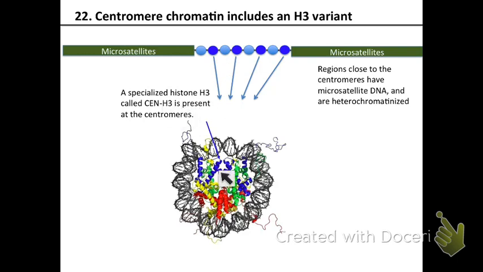So they swap this regular H3 with a centromere-specific H3. And that centromere-specific H3 is basically found in nucleosomes that are scattered within this region. And it serves as a little signal flag to kinetochore proteins to come and bind there. So the centromeres form here.